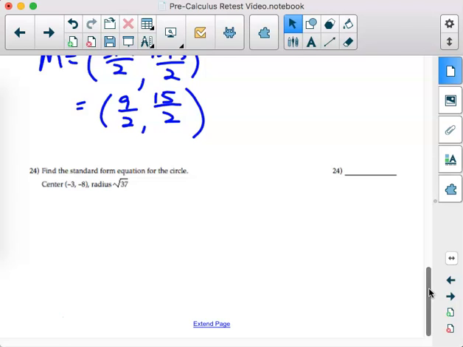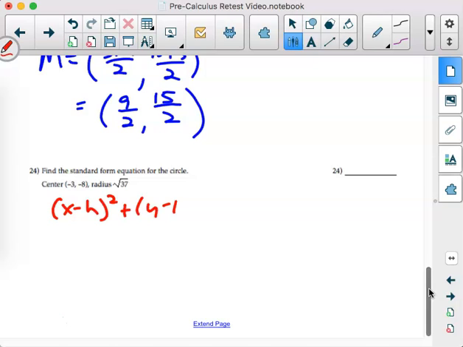24, the standard form equation for a circle. You had to remember this formula or derive it using the distance formula. However you were going to do that, it doesn't matter as long as you can get there. So I have an h and a k, and I have an r value.